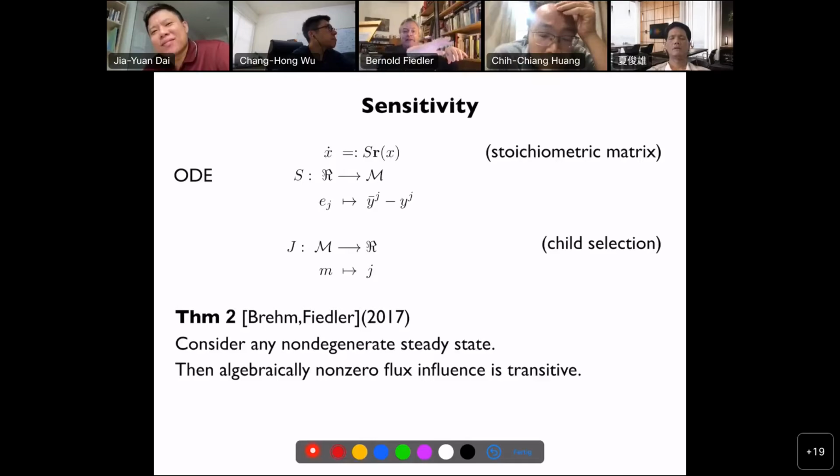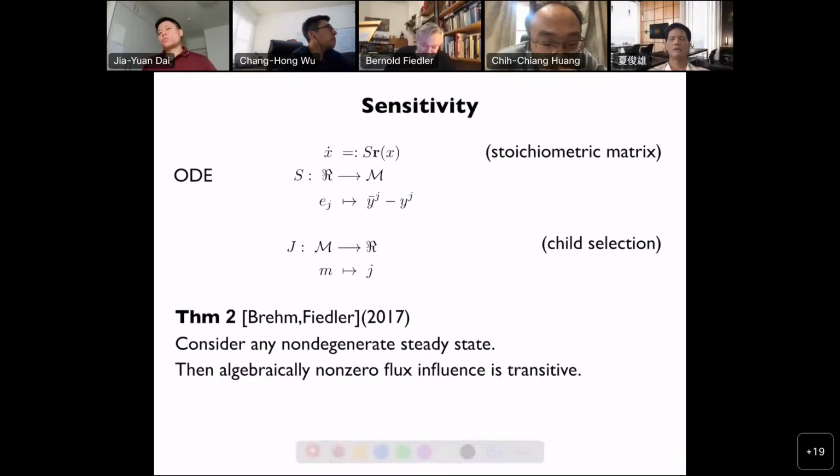And who tells you that these other flows do not cancel the effect of a change of the middle guy alone onto the final target? Okay. So this is a theorem, and the proof is a little bit longer than I have time today, so I will skip that.